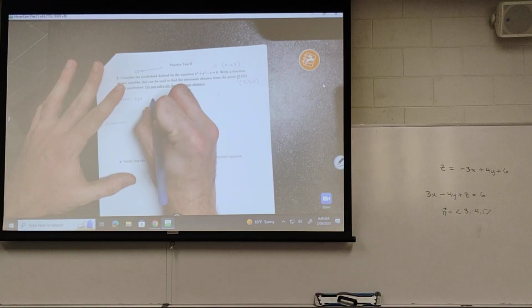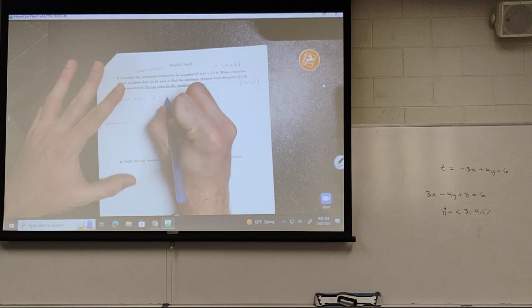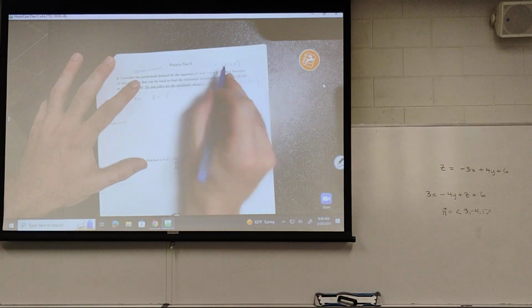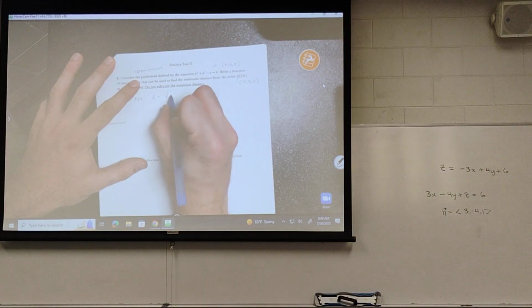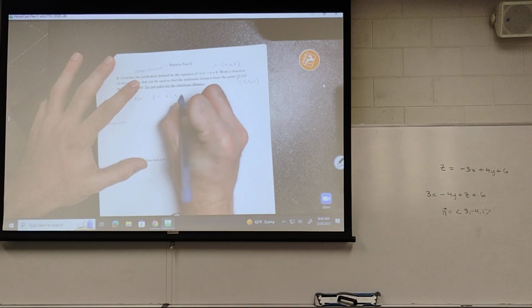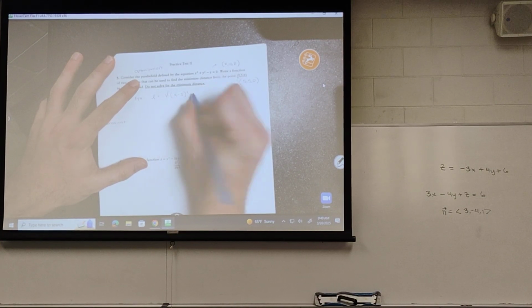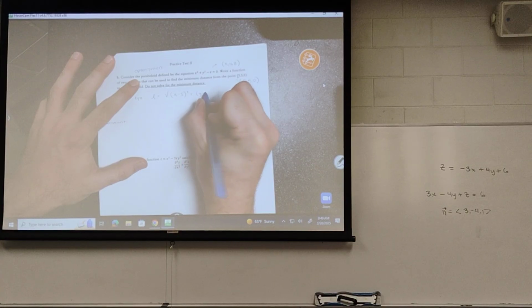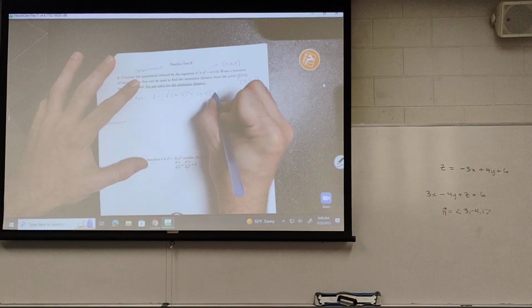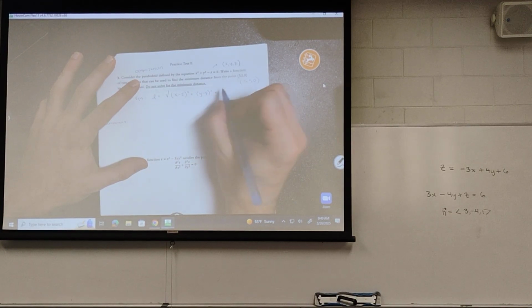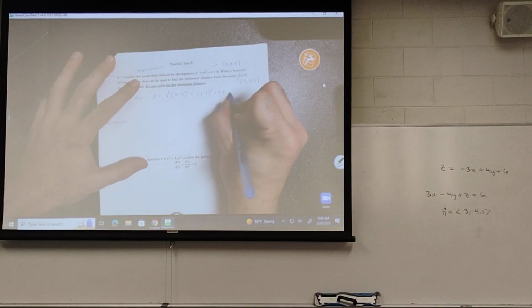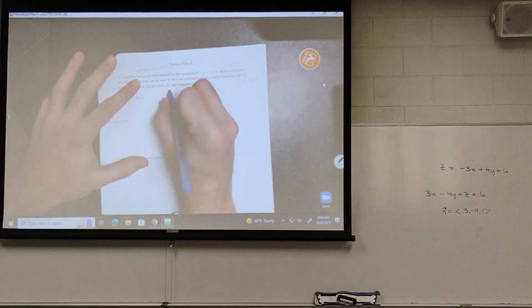So the thing that I want to optimize is the distance between these 2 points. So x minus 5 squared plus y minus 5 squared plus, I'm going to write it just for emphasis, z minus 0 squared.